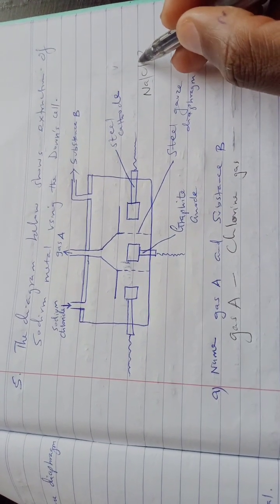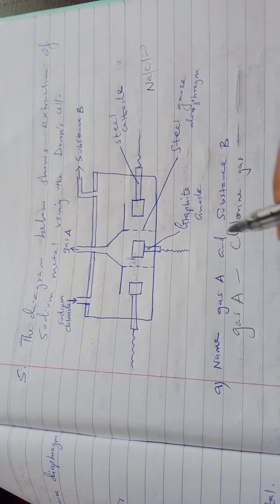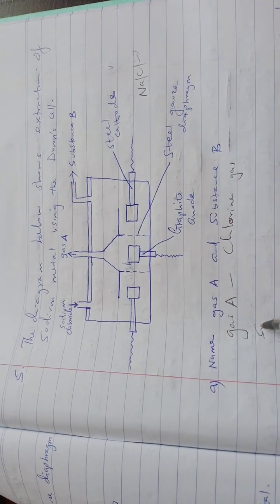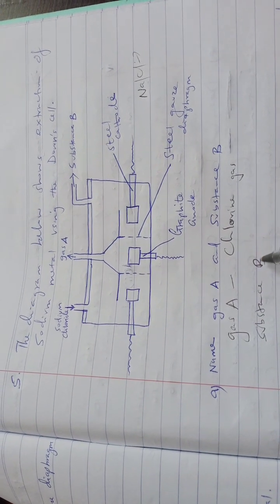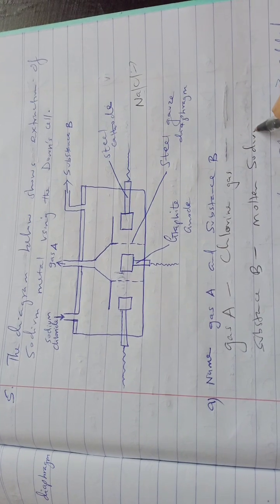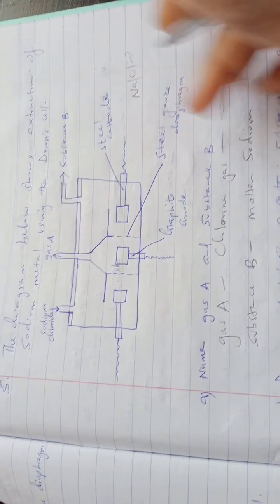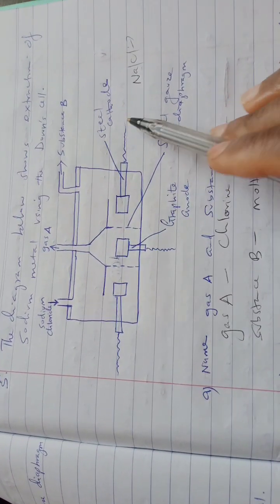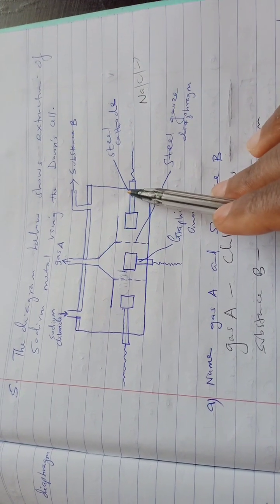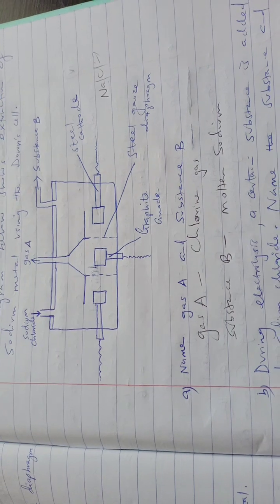Chloride ions are negative, they go to the positive, the anode. So you'll get chlorine gas coming out as gas A. And then substance B will be our molten sodium. Molten sodium comes out through the cathode, because sodium ions are positive, they are attracted by the negative side, which is the cathode.